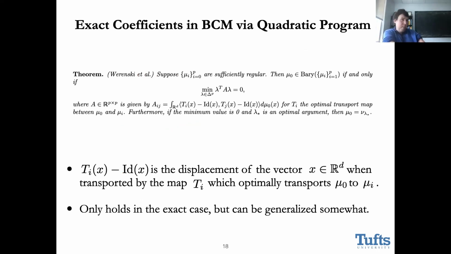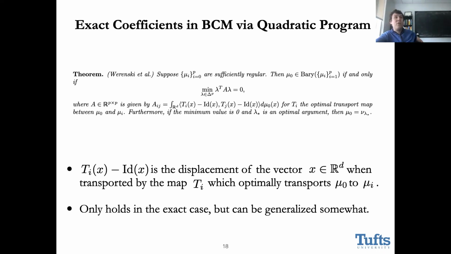What we can show is that under some regularity conditions on the measures, so you should think something like, if they're compactly supported, then those compact supports overlap in the right way, and the densities associated to them are not too degenerate, then I can check if mu naught is in this barycentric span by looking at the solution to a certain quadratic program.